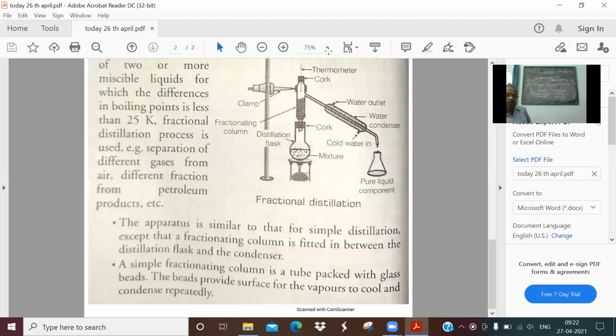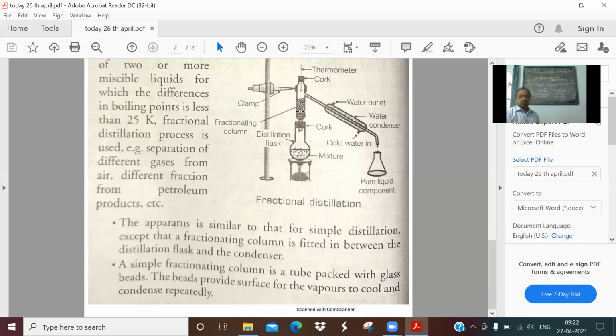A simple fractionating column tube is packed with glass beads. These beads provide surface for the vapors to cool and condense repeatedly. This is a special setup when there are two or more soluble components. There we need to go for fractional distillation. So that is all about the separation of mixtures.